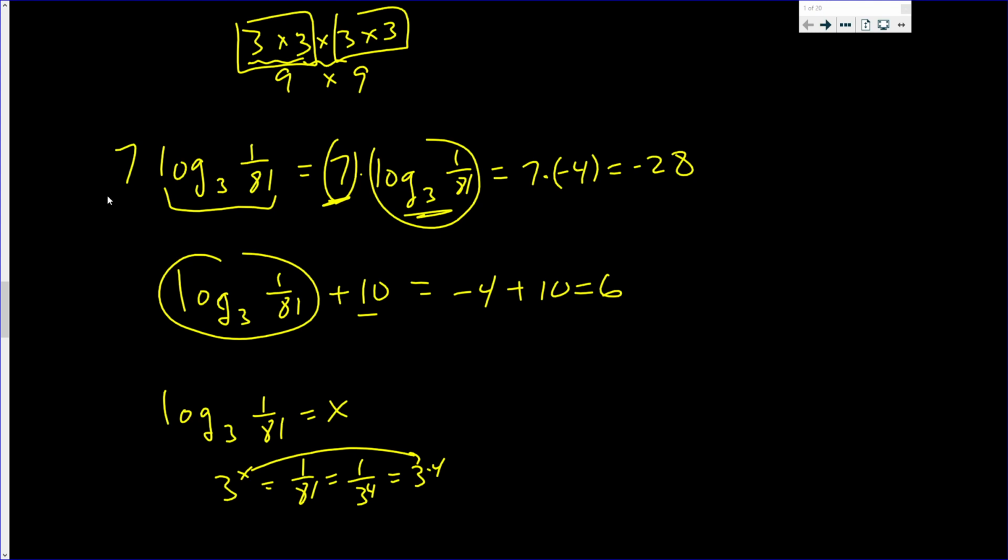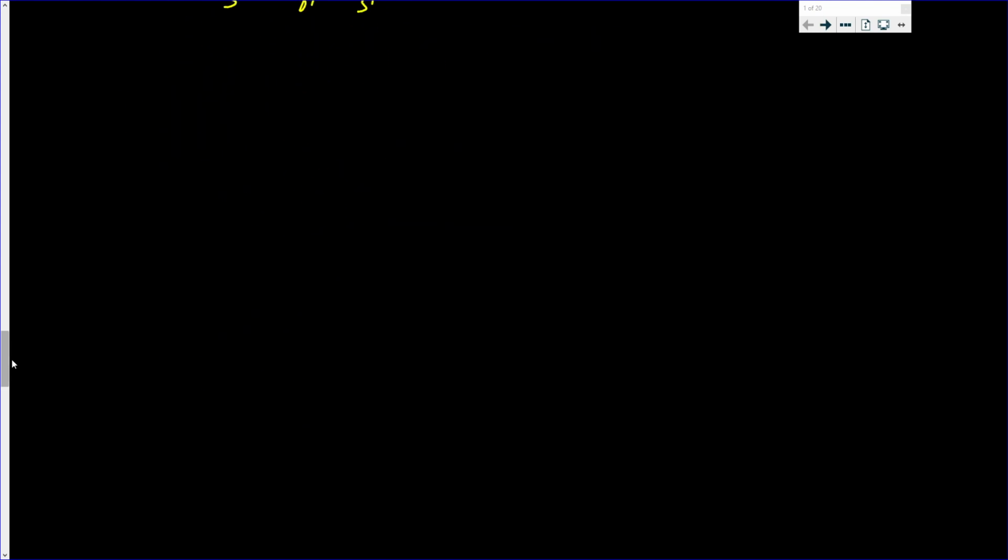Let us look at the next problem. This is a doozy. Suppose you have log base 4 of the square root of 2. What does this equal? Well, let's call it x for a moment. So we know that 4 to the x is square root of 2.